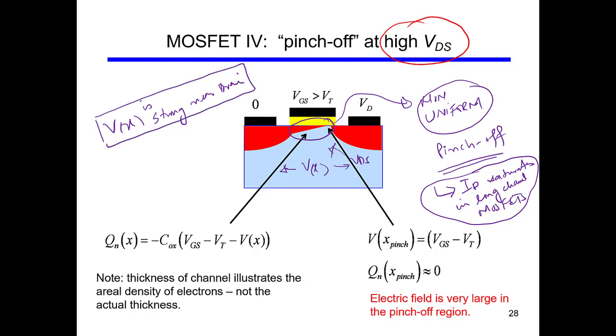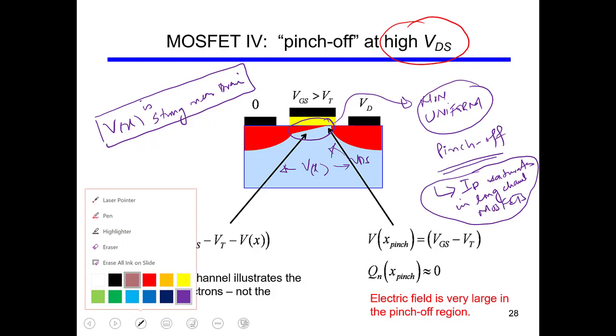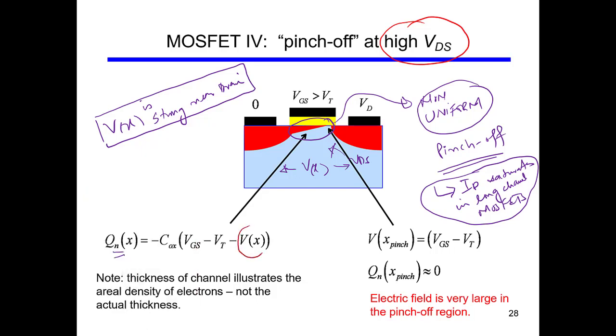So our equation for charge in channel now should include another term, that is this potential Vx, which is a position dependent potential of the bulk, and it is subtracted from this. So at exactly this point, this is denoted by Vx pinch, the voltage becomes VGS minus VT.